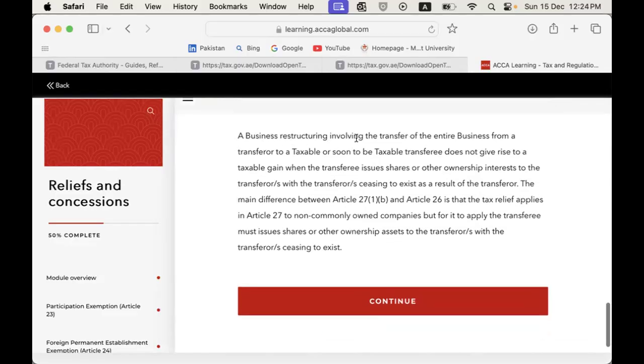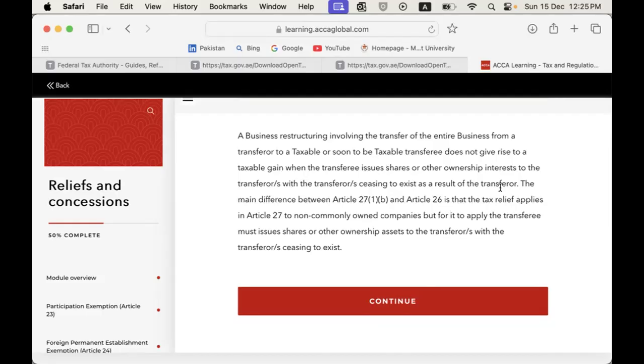The business restructuring involving the transfer of the entire business from the transferor to a taxable or soon to be taxable transferee does not give rise to a taxable gain when the transferee issues shares or other ownership interests to the transferors, with the transferors ceasing to exist as a result of the transfer.